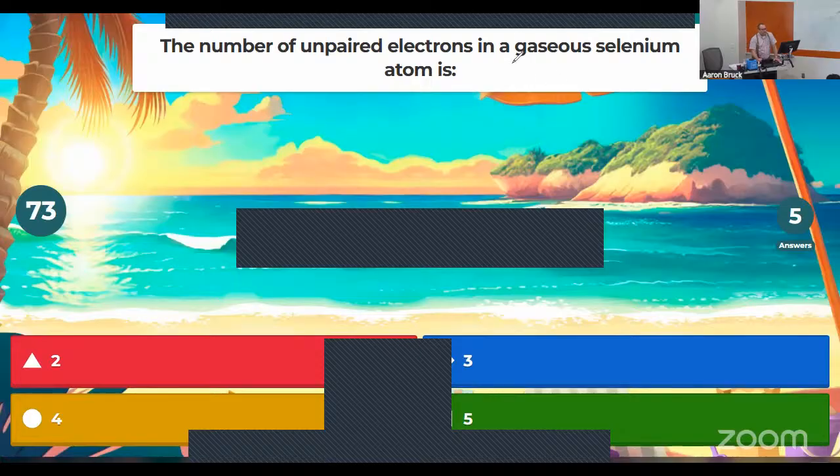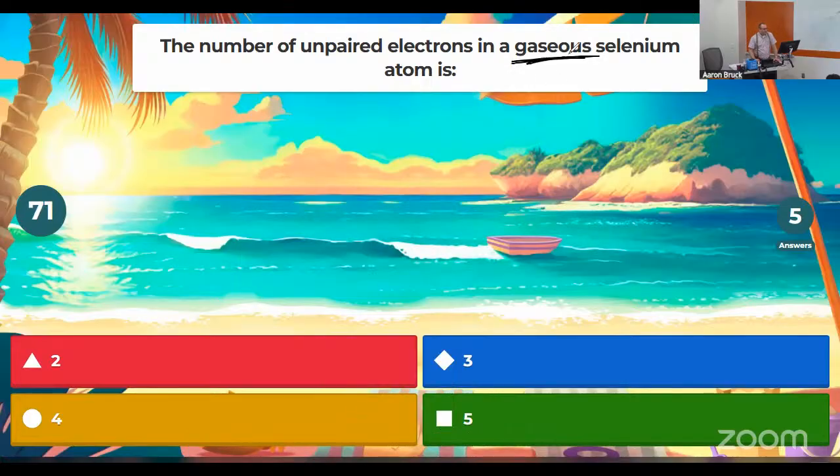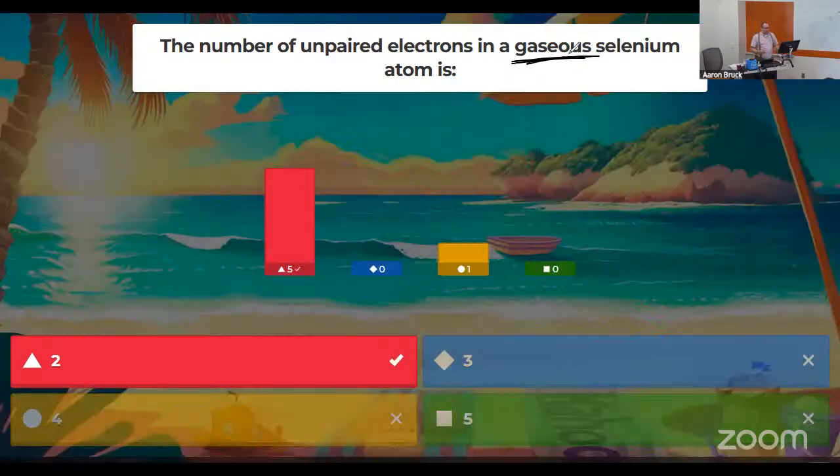Does it truly matter that the selenium is gaseous? Not at all. Why do we say that? Well, usually when we're looking at electron configurations, especially for ionization, it does tend to happen in gaseous form, but in this case, it does not matter.